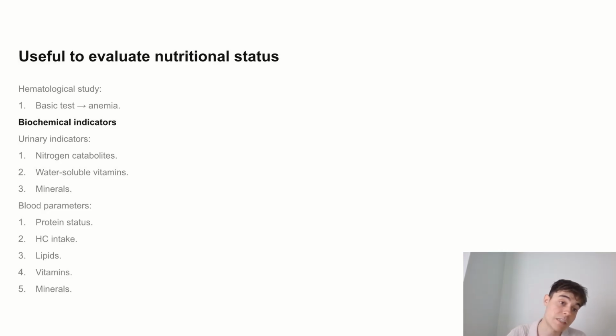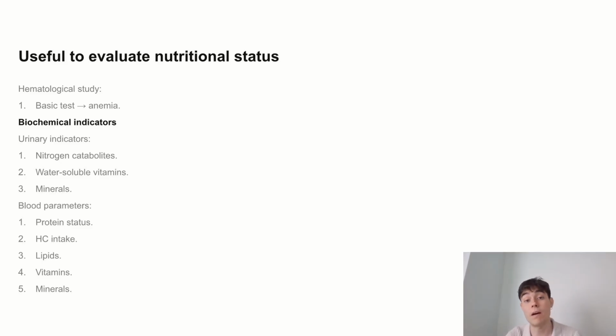Then, talking about the chemical indicators, we can divide them in two: urinary indicators and blood parameters. Inside the urinary indicators, we can identify different things, such as nitrogen catabolites indicating the protein intake. Also the water soluble vitamins, because we have to remember that water soluble vitamins are released through urine.